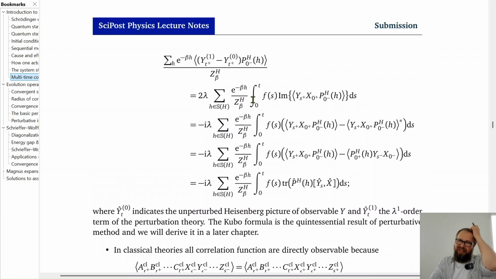You perturb a system with some external field, let's say a weak field, and you measure the deviation of the expectation value of some observable, from the unperturbed versus perturbed situation.